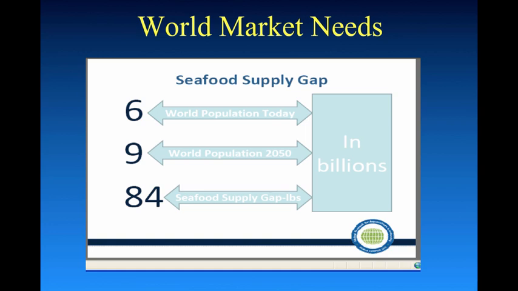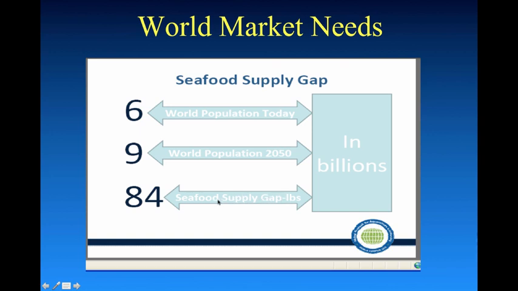Here's where the gap starts to be pretty evident. Our current world population is about 6.5 billion people. By 2050, 9 billion, which gives us what, an 84 billion pound gap in the need for seafood product.